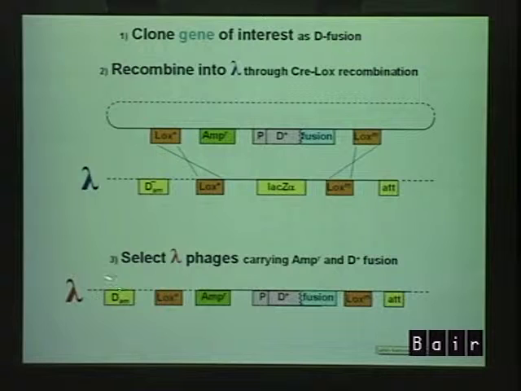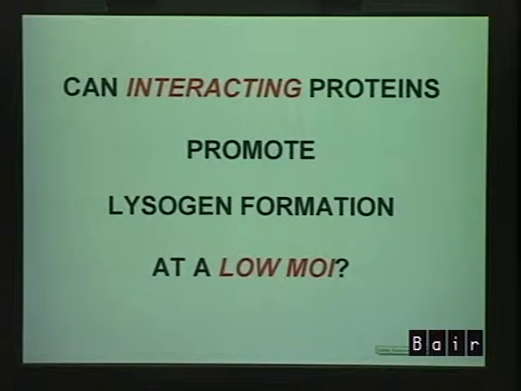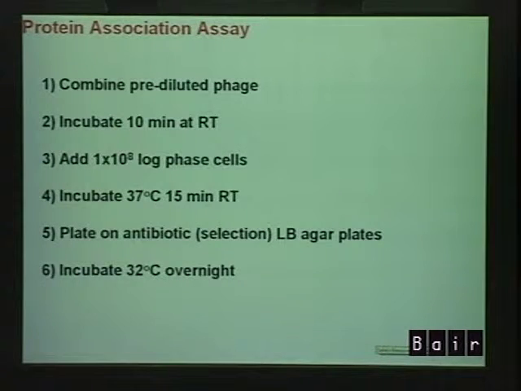Then we form these recombined phage that carry amp resistance from the plasmid. They also lack the alpha complementation by picking up the D fusion in this region, and they produce a PCR product of the proper size. So when we have plaque-purified display phage, we have a very simple protein association assay. And this is nice because it's simple and it's flexible.